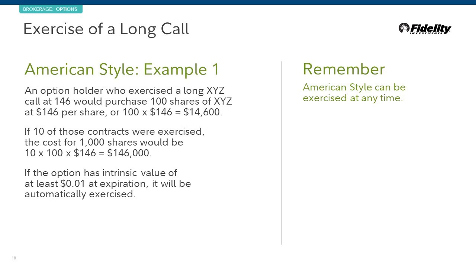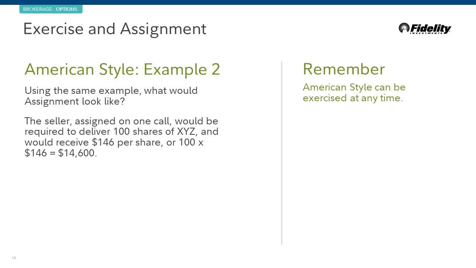And I like to go through the opposite example as well. What if we were the seller in that scenario? We sold someone that contract, and they decided to exercise it. Being an American style option, they can do that any time. That's their prerogative. And what would be happening?